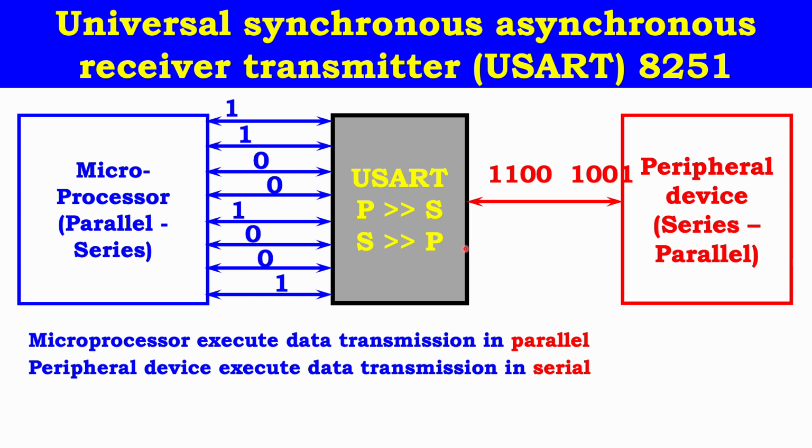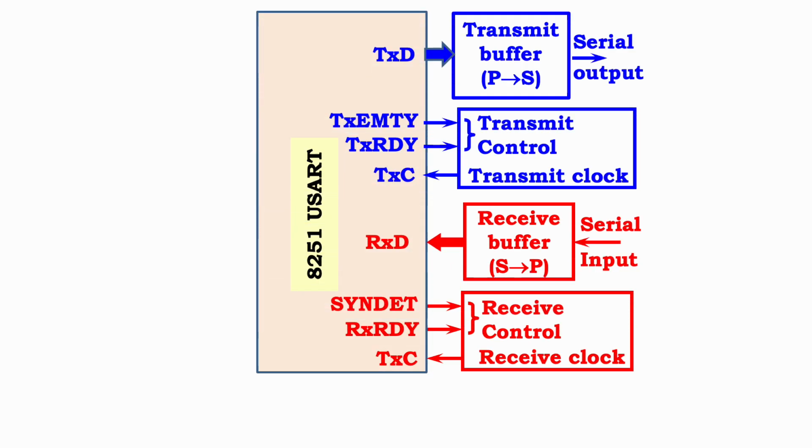Now let us discuss its operation in detail. The microprocessor requires the conversion of serial data to parallel, whereas the peripheral device requires the conversion of data from serial to parallel by using the USART. Now let us see the detailed function of the USART 8251. This USART 8251 has mainly two modules.